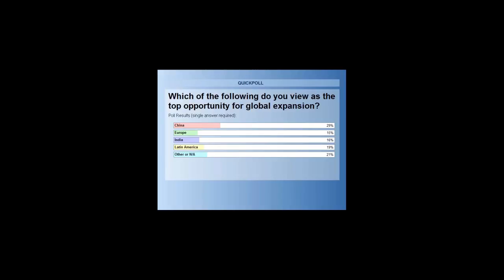So the question was, which of the following do you view as the top opportunity for global expansion for your company? And Katie, what do you think about this spread of answers here? It's interesting because Europe usually triggers around 50% interest, and here you can see it's skewed to other territories, quite frankly, other than Europe. So China, obviously, as a single country, major opportunity, about a third of the responses.